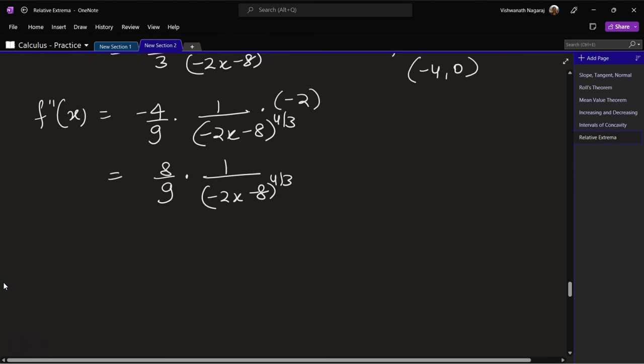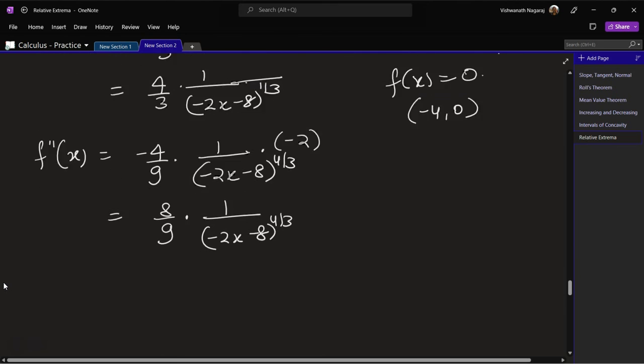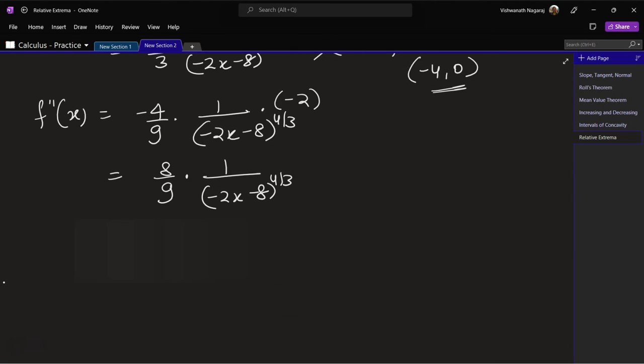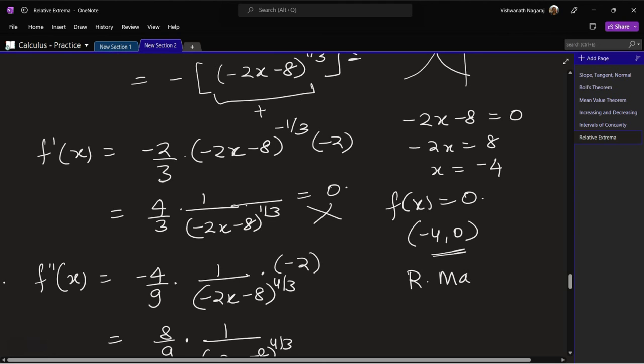Now, if we try to equate this to 0, the x will disappear, so we can't really equate it to 0.